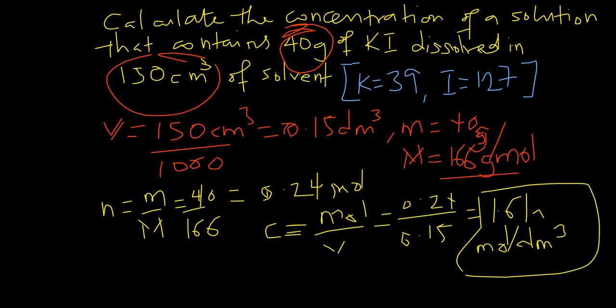Then after getting the mole, we used the mole to determine the mole concentration. Remember, the question was silent on which kind of concentration we are calculating. Because it was silent, we calculated for the mole concentration, not the mass concentration.